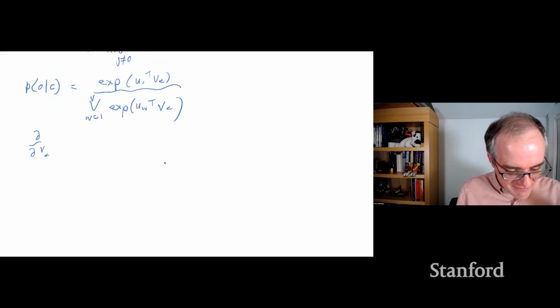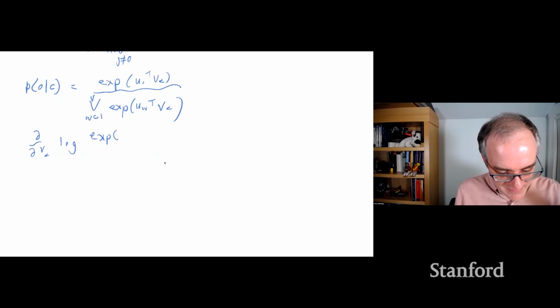So what we're doing is we're working out the partial derivative with respect to our center word vector, which is, you know, maybe a 300-dimensional word vector, of this probability of o given c, and since we're using log probabilities, the log of this probability of o given c, which is exp(u_o^T v_c) over the sum of w equals 1 to the vocabulary of exp(u_w^T v_c). My writing will get worse and worse, sorry.